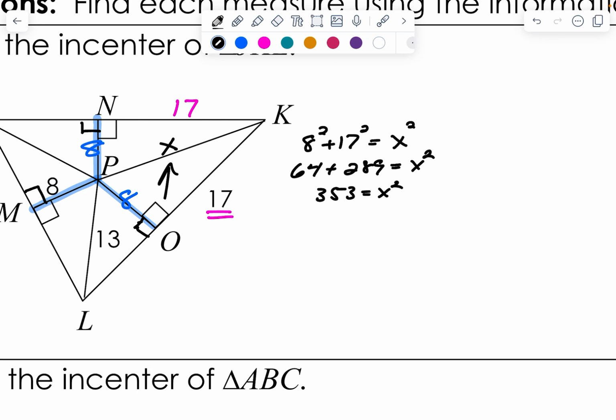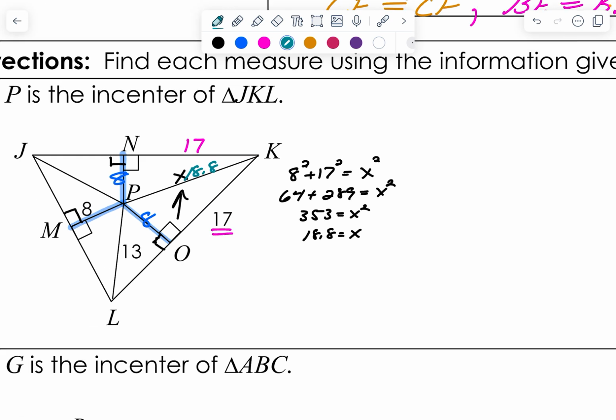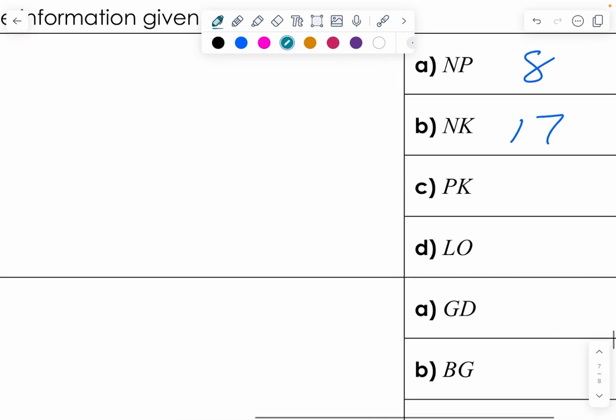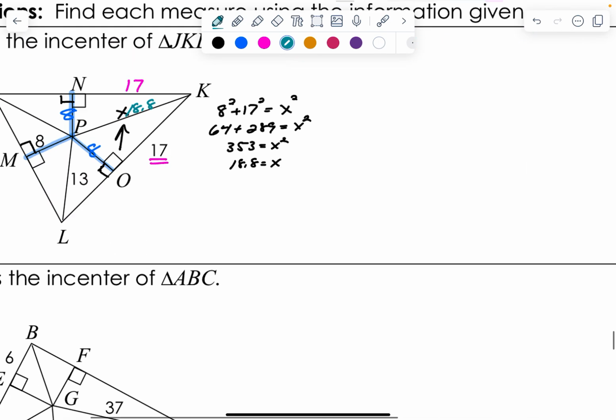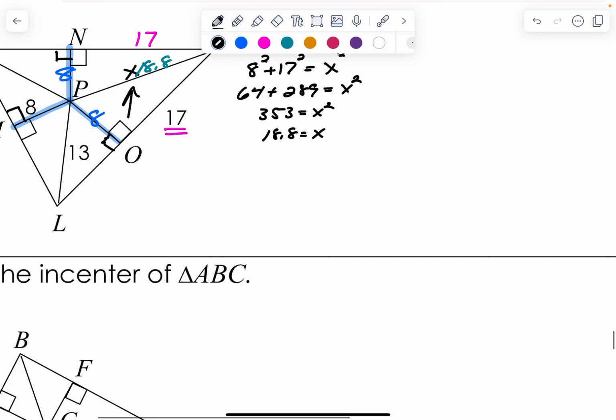And we're going to take the square root. And we get 18.8 equals x. So this right here is 18.8. And we can put that over here. 18.8 is PK. Now, the other one we want to know, and we'll call it y here, is LO. We don't have that, but we know the hypotenuse is 13 and another leg is 8.